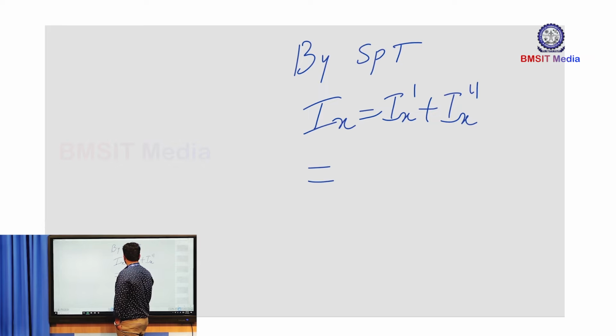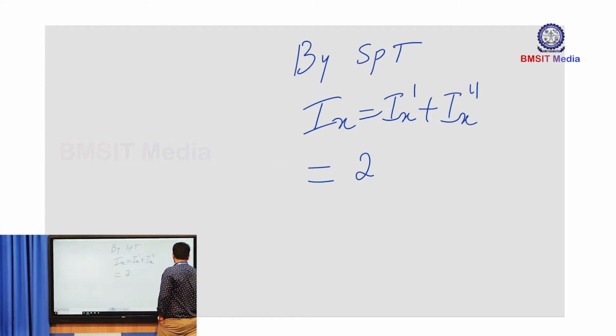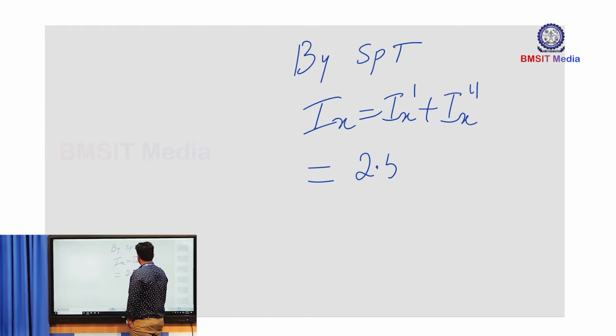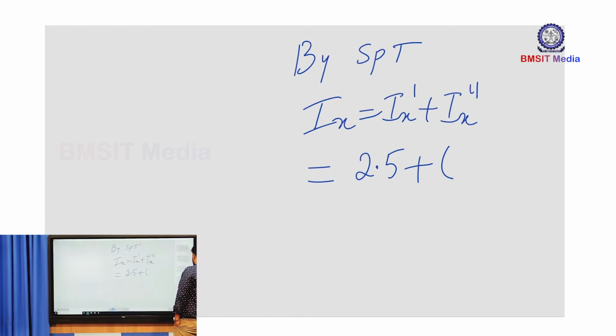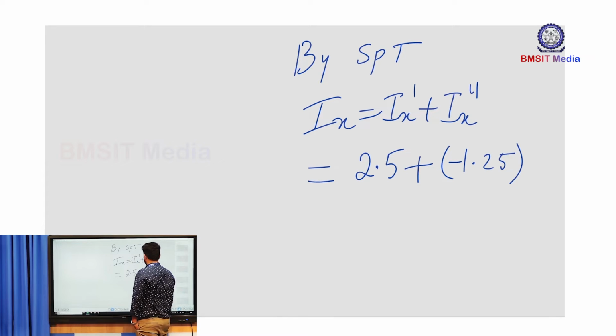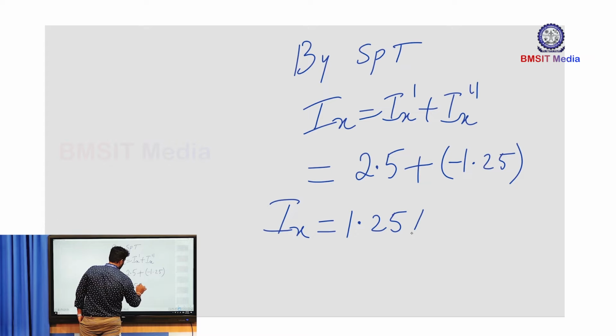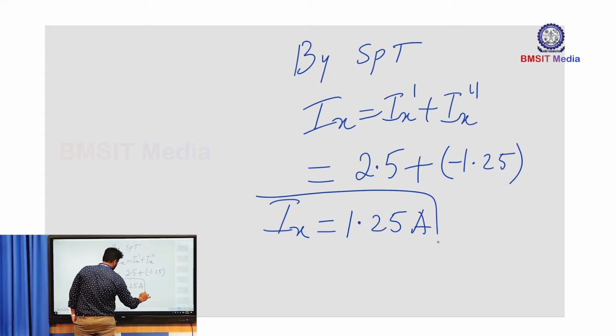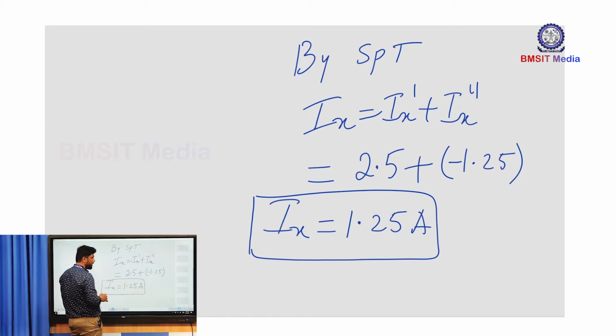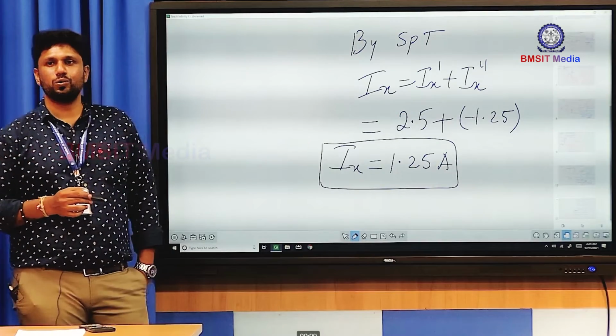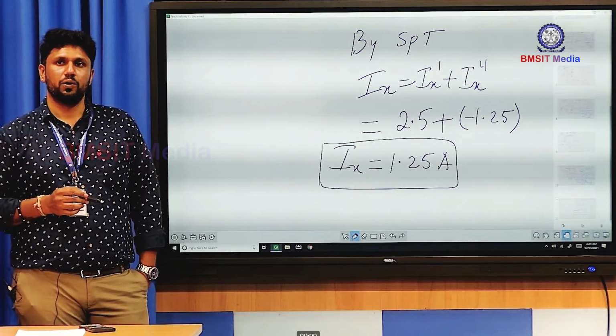This Ix dash we got is 2.5 ampere, plus the Ix double dash we obtained is minus 1.25. So the resultant value of Ix is 2.5 minus 1.25, you will get 1.25 ampere. This is the value of Ix we get from that network using SPT. Hope this is clear.